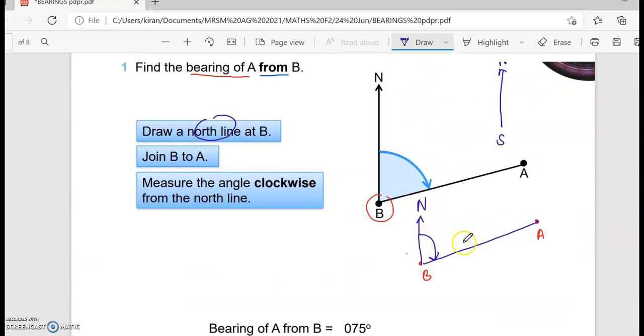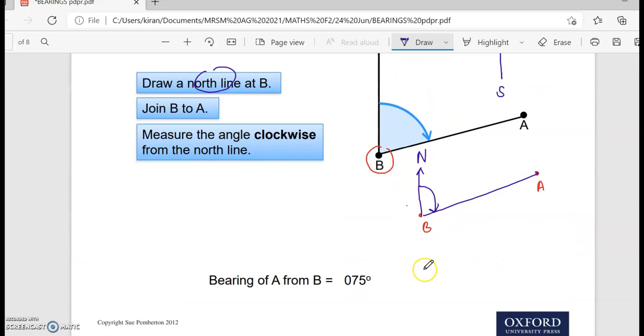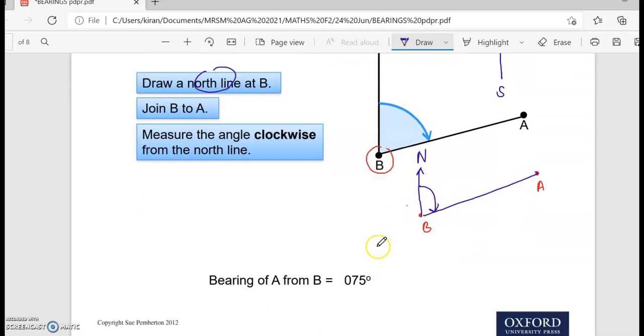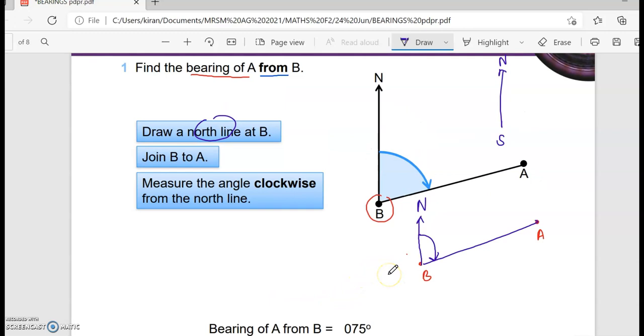From this part, yang ni dia gunakan protector. So dia ukur daripada this line. Kita tahu kan macam mana nak measure by using protector. So bearing of A from B is 75. Daripada sini pun boleh baca. You boleh assume this angle is less than 90 degree.